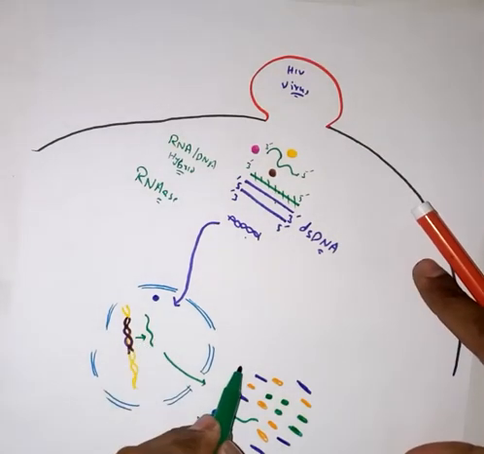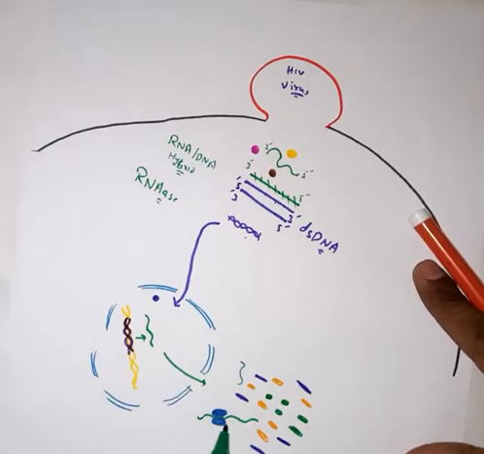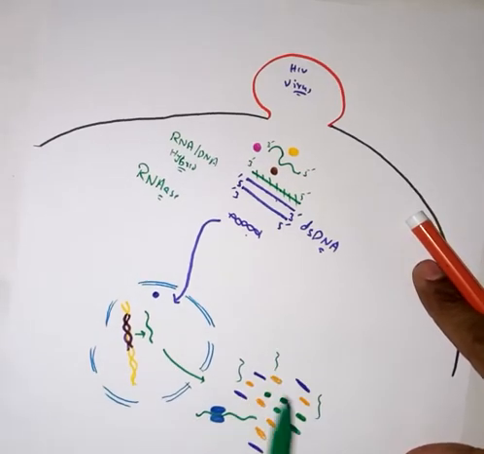This RNA will also come out of the nucleus. Some will attach on the ribosome for the translation, but some will be present as such.